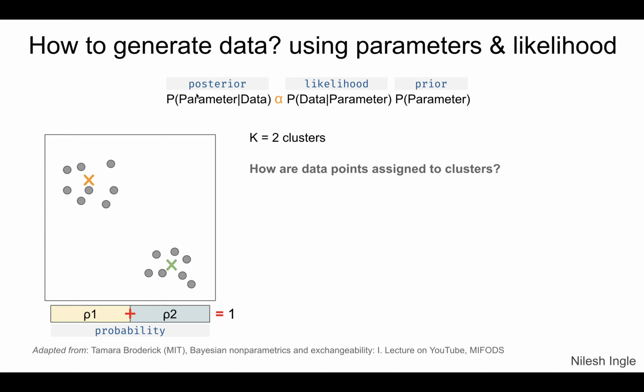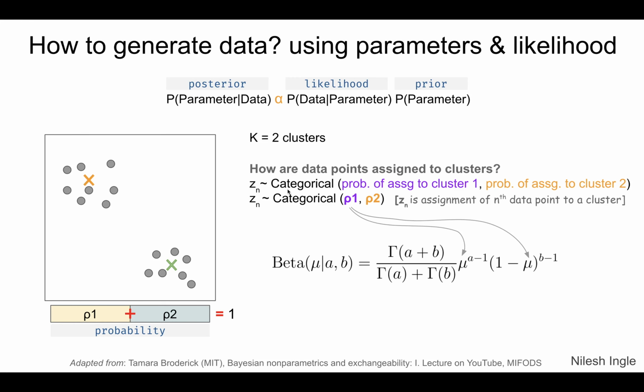So here, let's say we have two clusters shown by the orange X and the green X, and the probabilities of data points, each of these data points associated with this distribution right here and this distribution down here is represented by row 1 and row 2, and so those add up to 1. Total is 1.